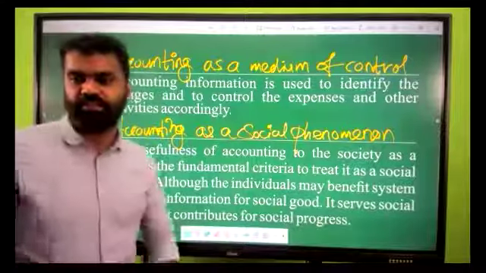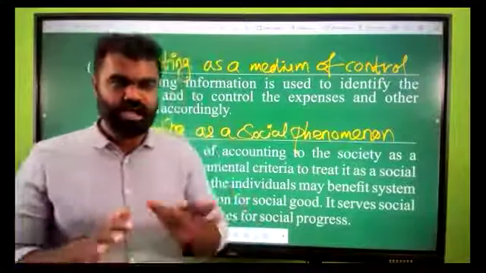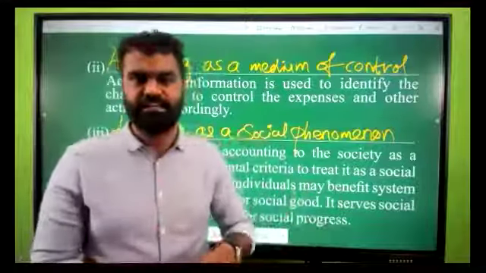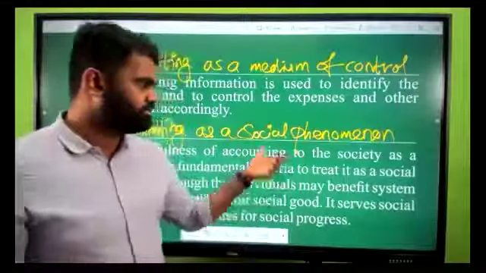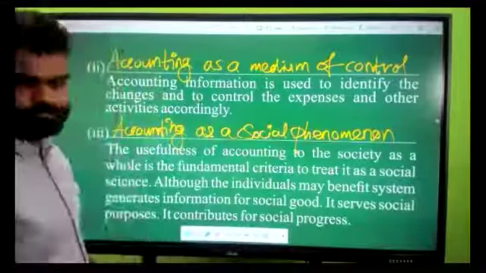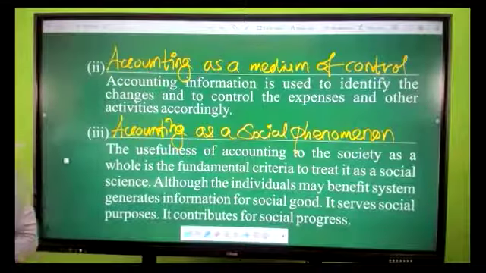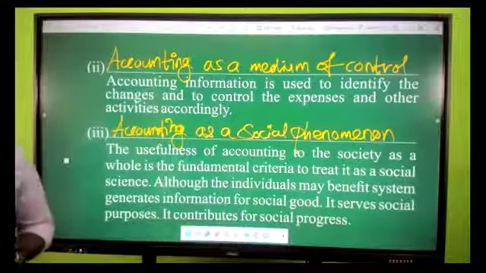What is the meaning of that? This says that accounting and society are not two different things. Accounting is a part of society. To bring the society to the next level, accounting also contributes. Read it: the usefulness of accounting to the society as a whole is the fundamental criterion to treat it as a social science.